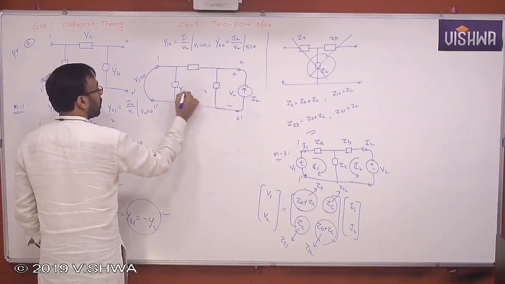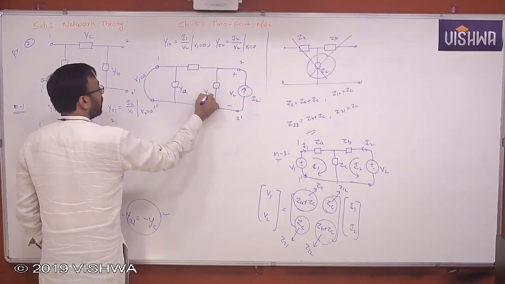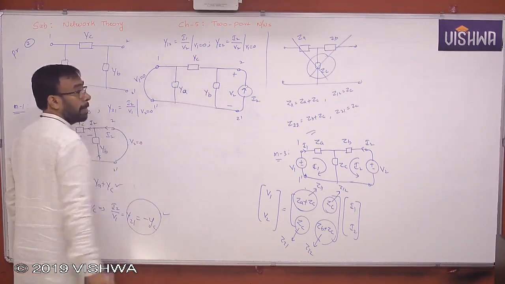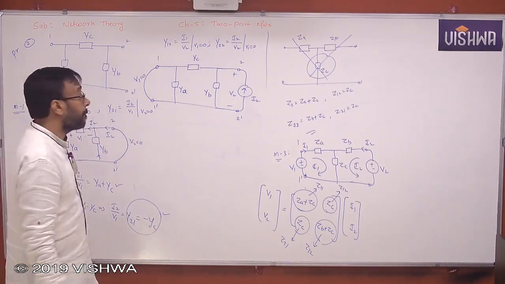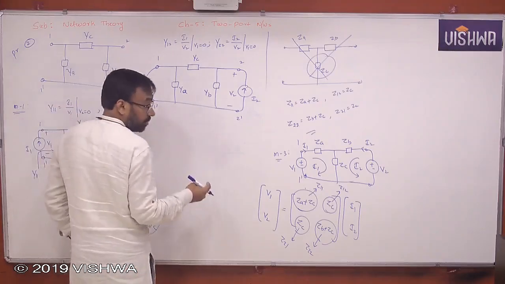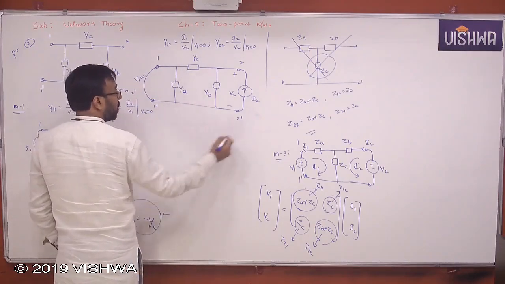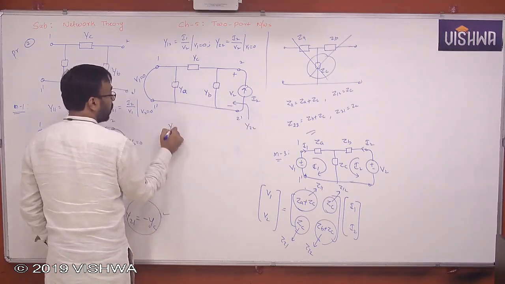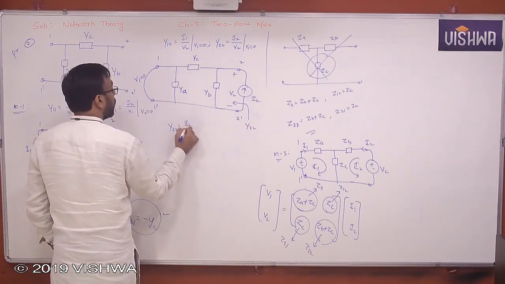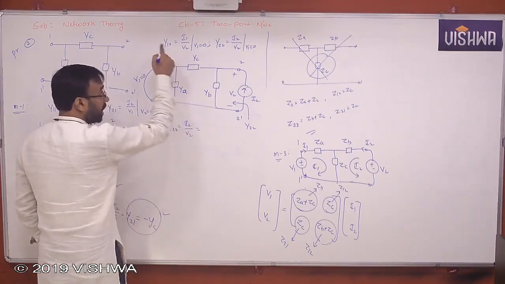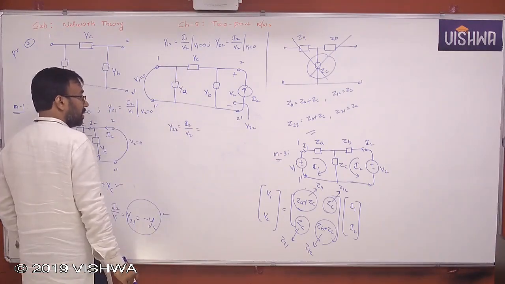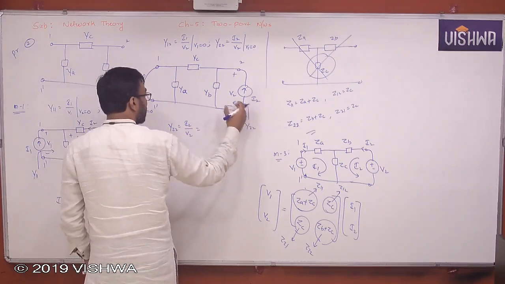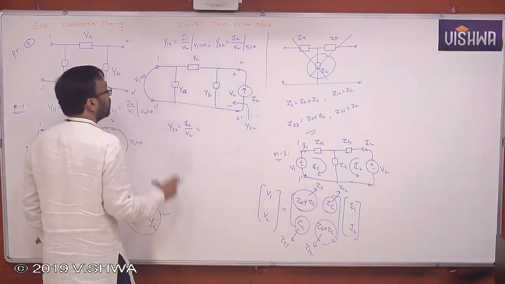YA, YB and YC. Getting all of you, okay? Now what do you get here when you take Y22? Y22 is nothing but I2 by V2, no doubt, according to the definition. But Y22 is nothing but admittance seen across 2 and 2 dash when V1 is 0.